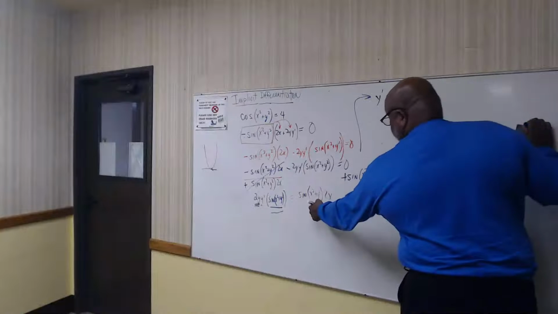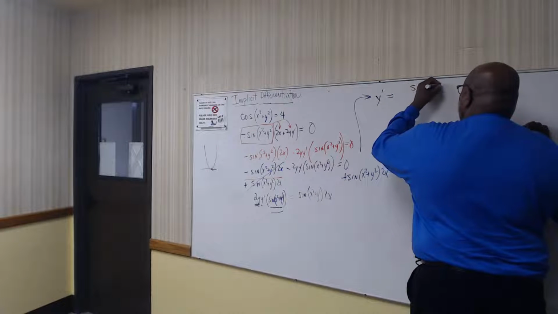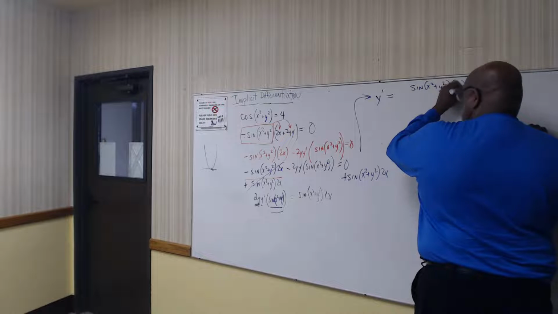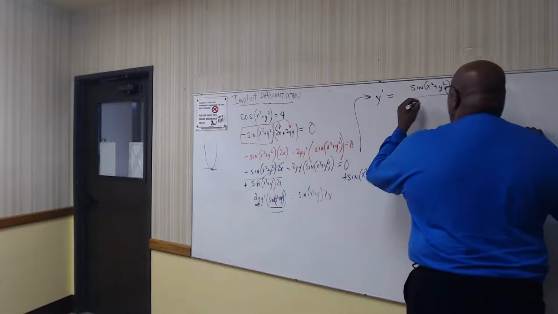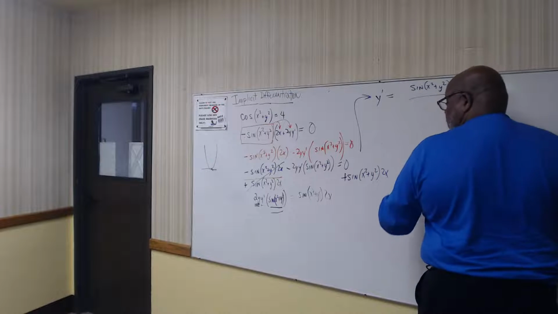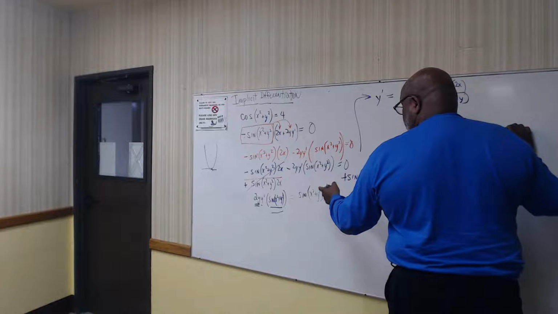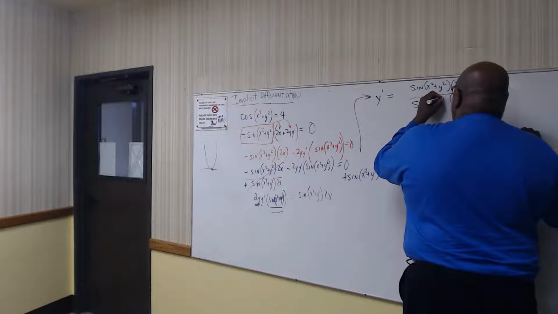We get sine of x squared plus y squared times 2x divided by 2y sine of x squared plus y squared.